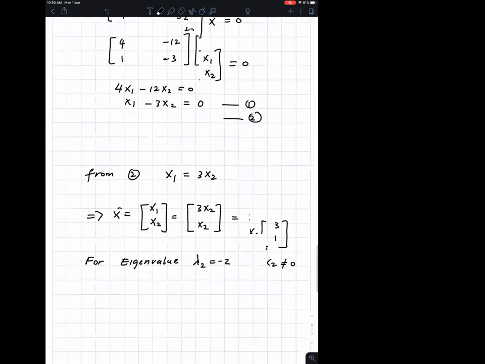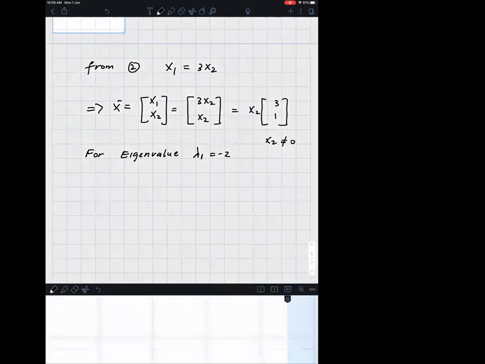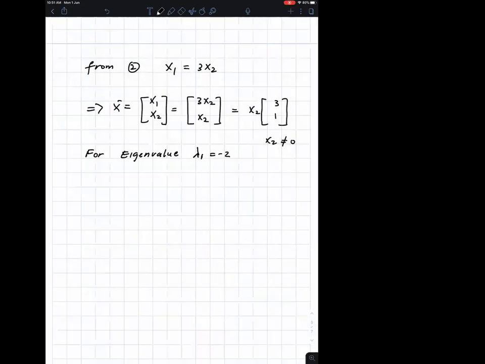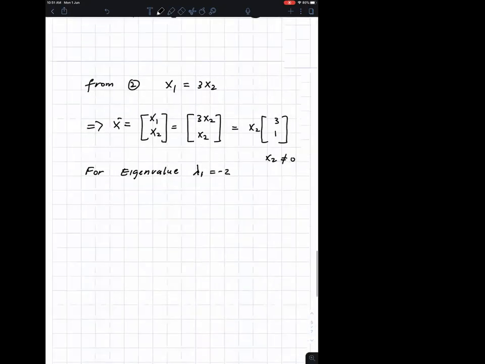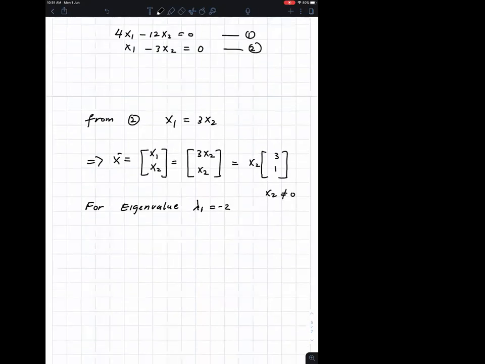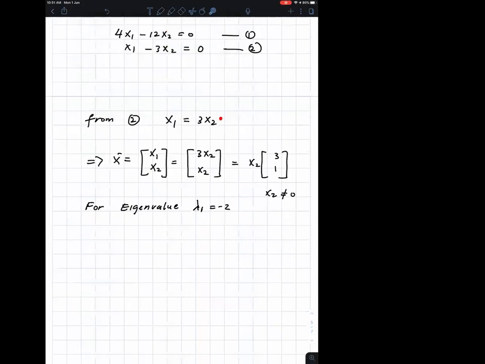Sir, why did you say no need to plug into equation 1, because you will get 0? No, I don't need to plug in because I'm solving for x1 in terms of x2, and then replacing x1 with 3x2.